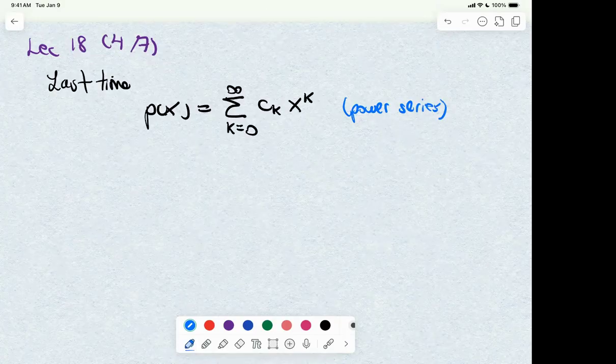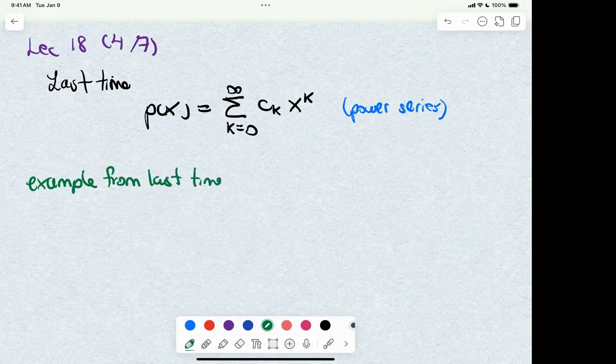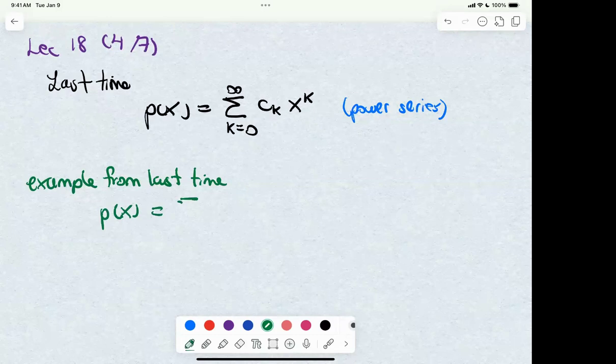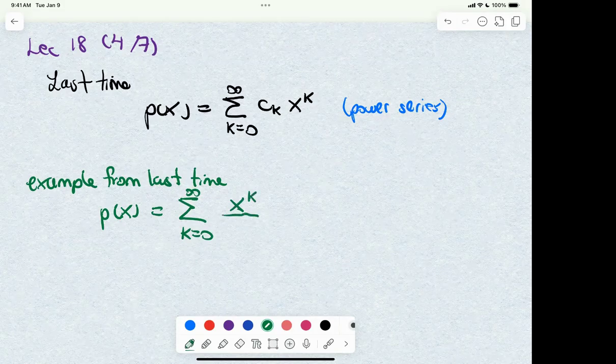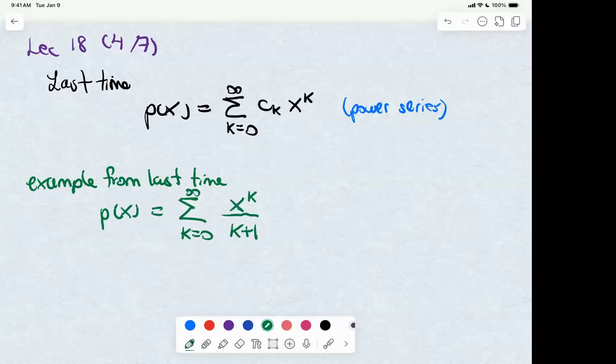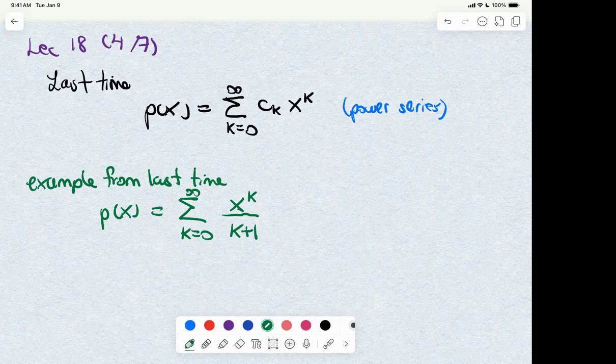There was this example we were working with on Wednesday. The way you should think about a power series is that it is an expression that for some values of x will make sense, and for other values of x maybe it will make no sense.